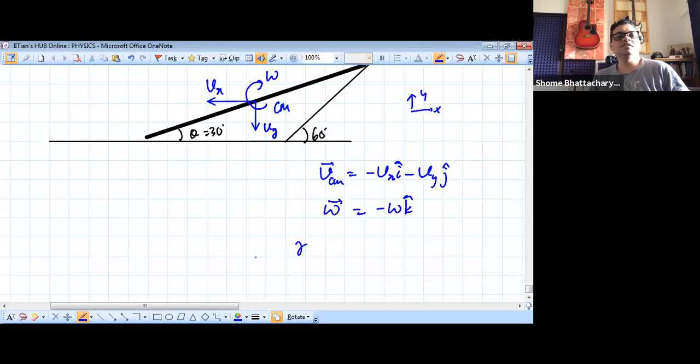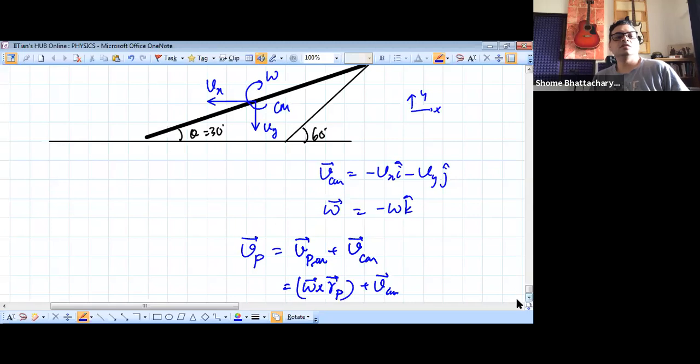Then the velocity of any general point in the body will become what? It will be given by this relation. It is the velocity of that point with respect to center of mass plus velocity of center of mass. So it is omega cross r of that point plus velocity of center of mass.